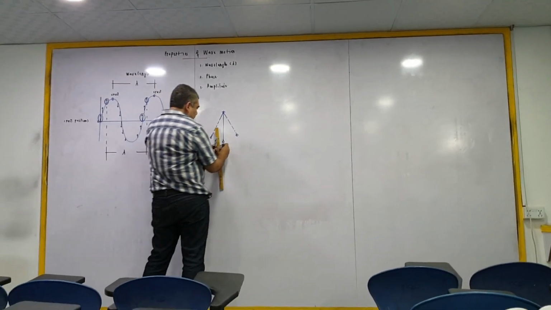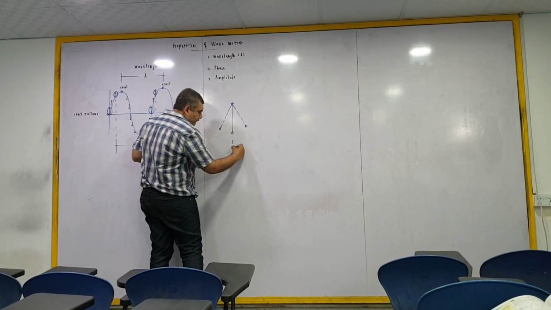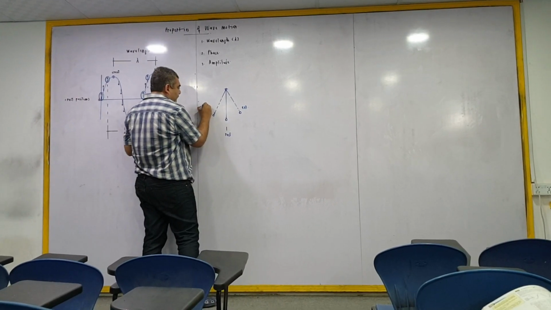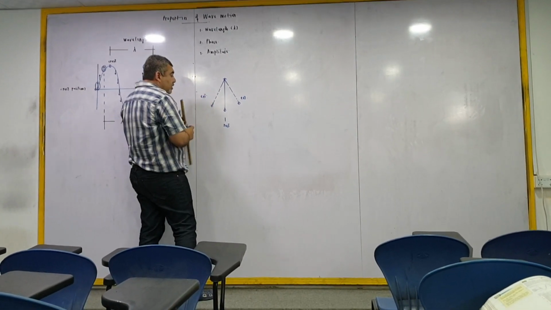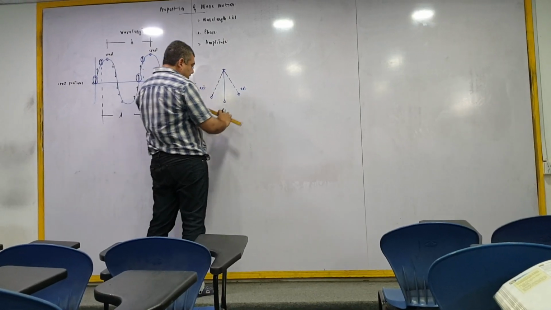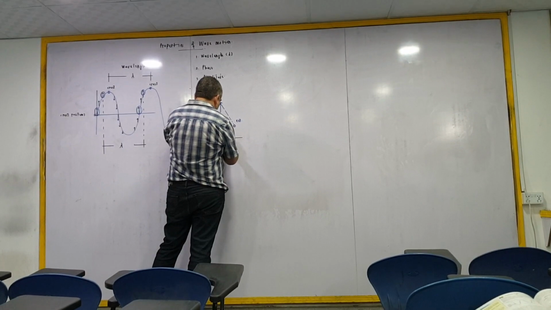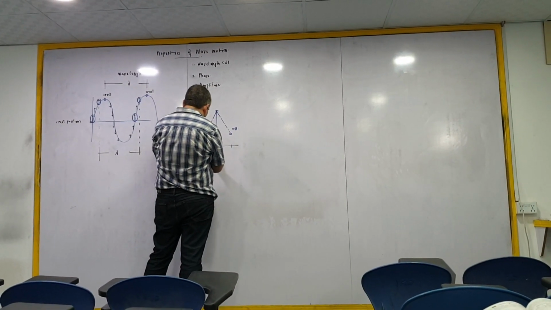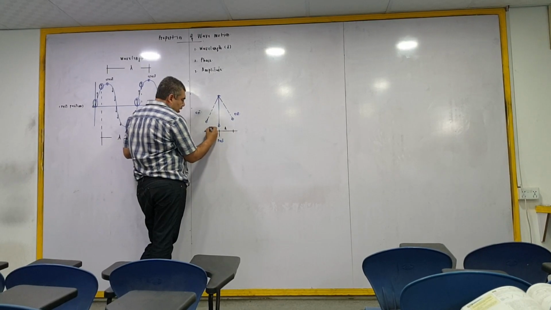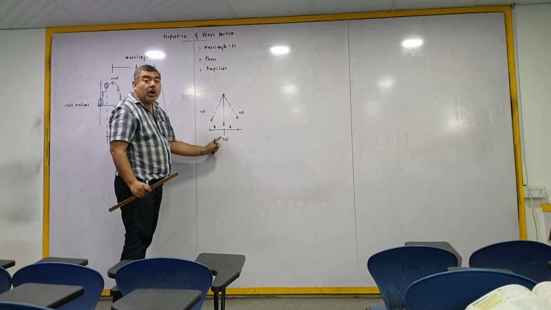This is its mean position or rest, and these are the two extreme positions. So how can you define an amplitude? It's the maximum displacement from the rest to either of its extreme positions. How many extreme positions do we have? Two. From rest to an extreme position, this is called what? An amplitude. From rest position to either of the extremes.